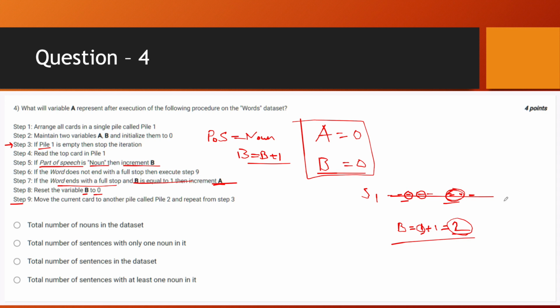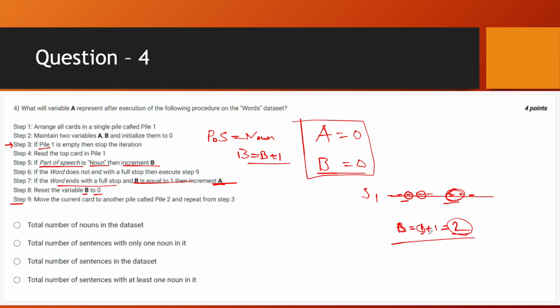So you see that once your b goes above the value of 1, which means there is more than one noun in the sentence, it's basically a useless affair. You don't want a sentence to have more than one noun. That's what this procedure wants you to do. It wants you to find all the sentences in this paragraph which have only one noun.